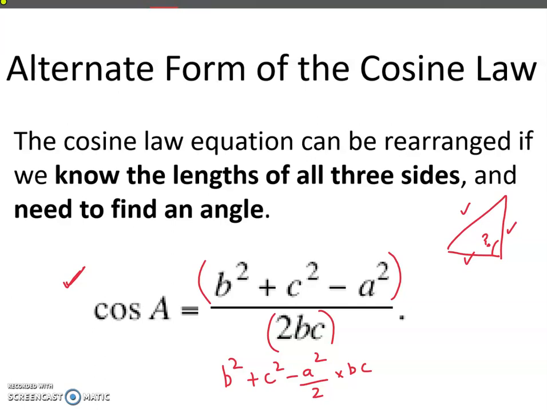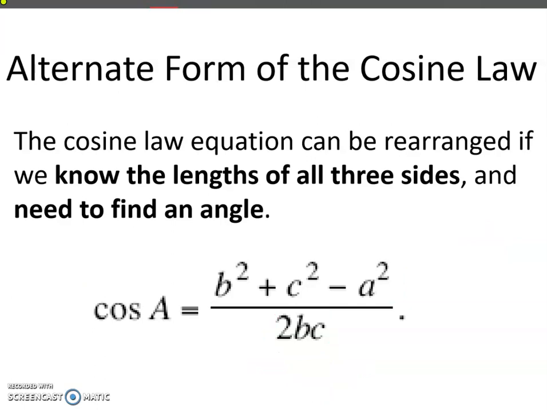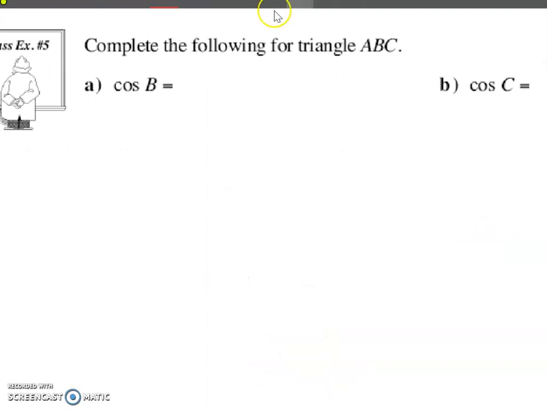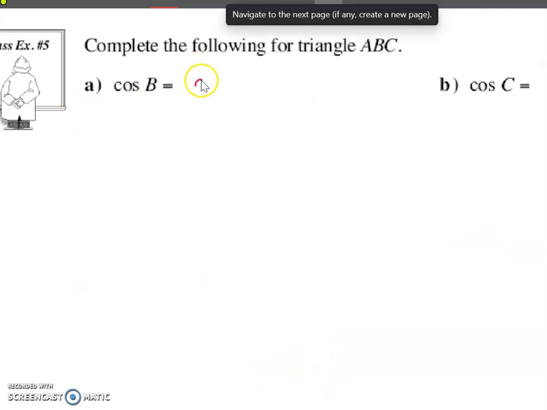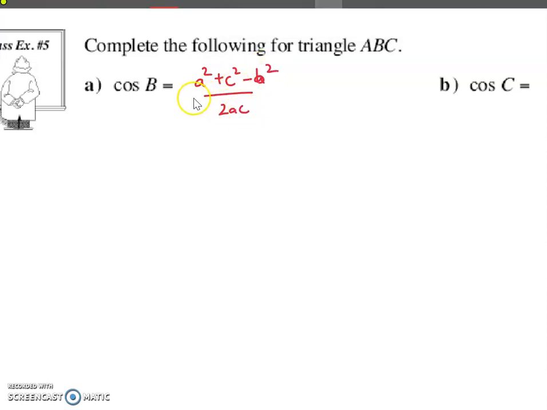So again, this is given to you on your formula sheet. We can always rewrite the formulas for B and C as well. If it's A, it goes the other two sides minus a squared over 2bc. So in this case, it would be a squared plus c squared minus b squared over 2ac.